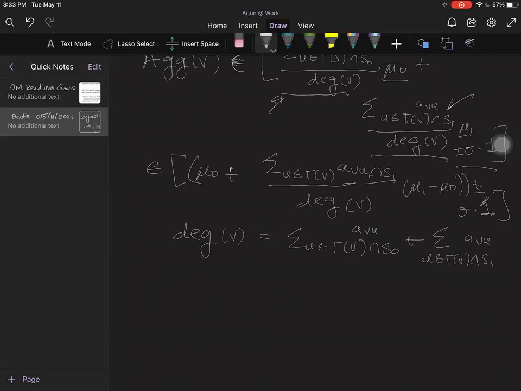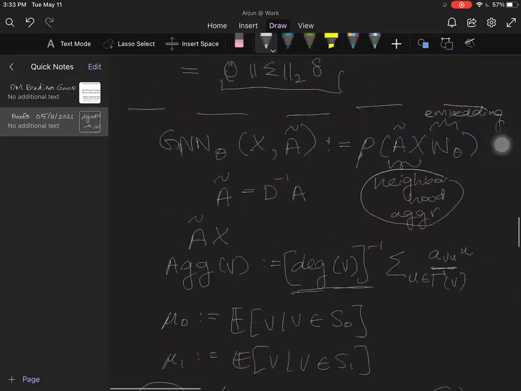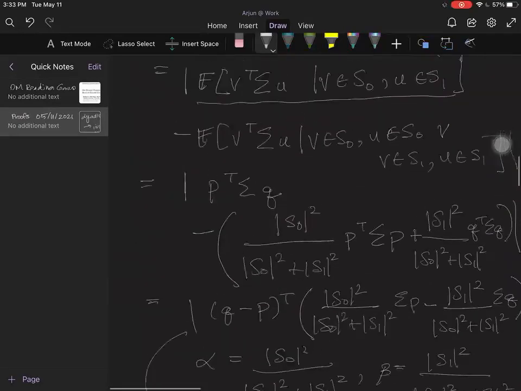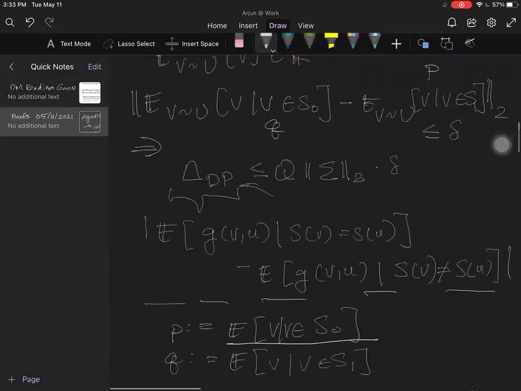Is there any assumption about how mu1 and mu0 should differ? That's a really good question. So I think mu1 and mu0 differing is a different part of the proof. That was the proposition we had done earlier. We had shown that mu1 being not too different from mu0 by some amount delta can give you some implication of the demographic parity bound.